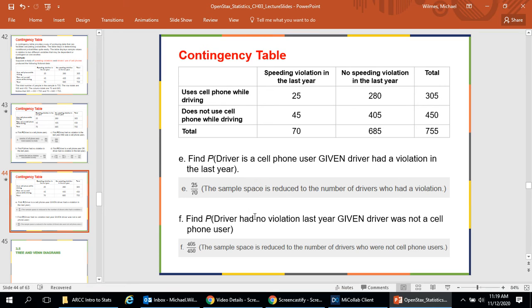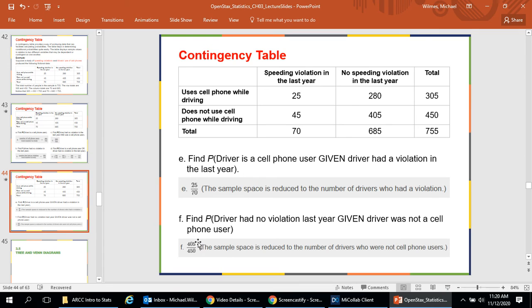Then let's compare that to the probability a driver had no violation last year, given they followed the rules and were not a cell phone user. So we go to no cell phone users, 450, and we ask how many of those had a violation. Oh wait, this was no violation, so 405 over 450.